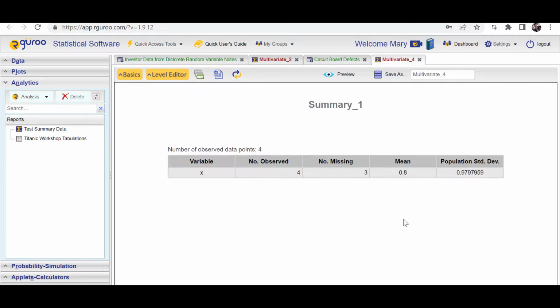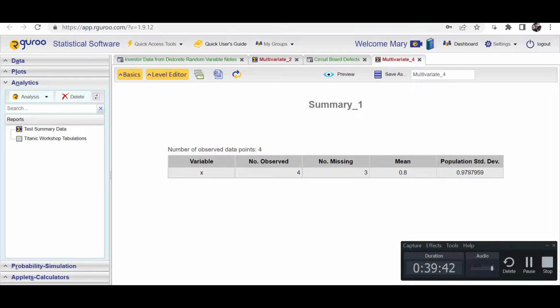It's that quick. And it looks like the mean is 0.8 and the standard deviation is 0.9797959.